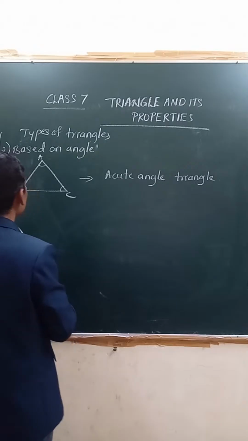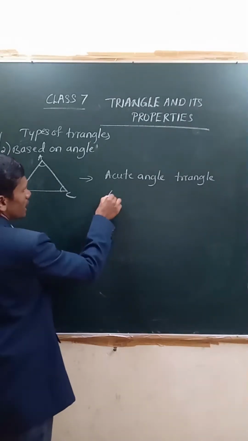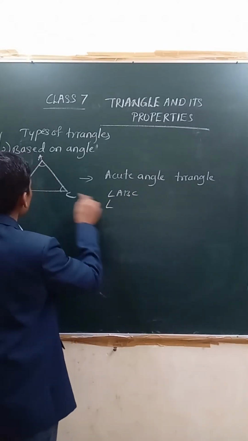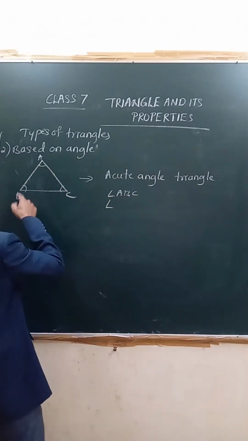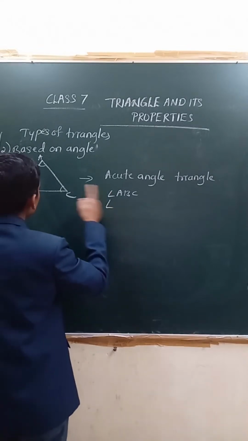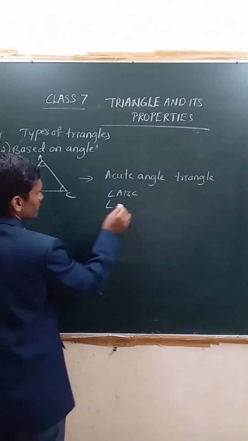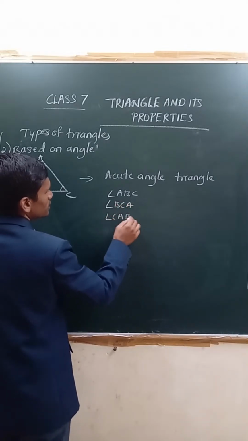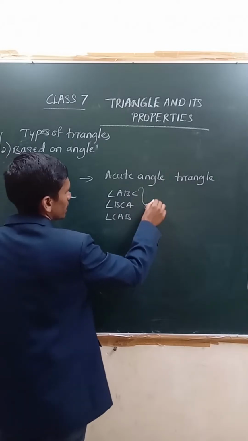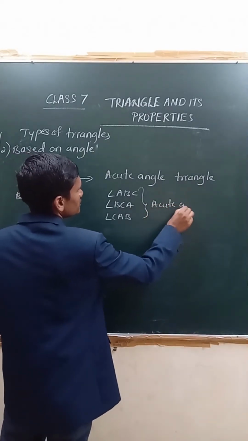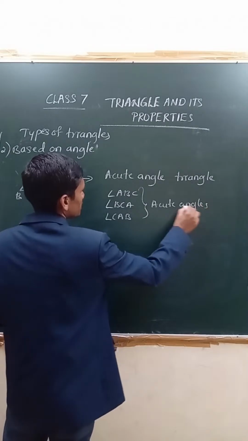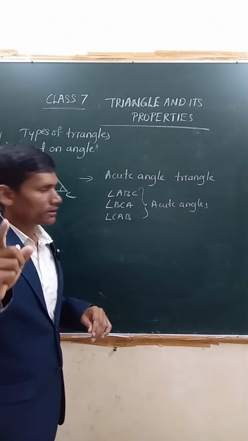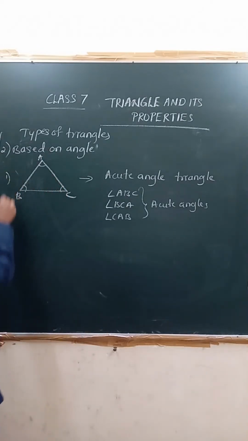Say for example, angle ABC or angle CAB, otherwise BCA, whichever you take, all are acute angles, right? So that is why we call this type of triangle an acute angle triangle. Remember, this is one.